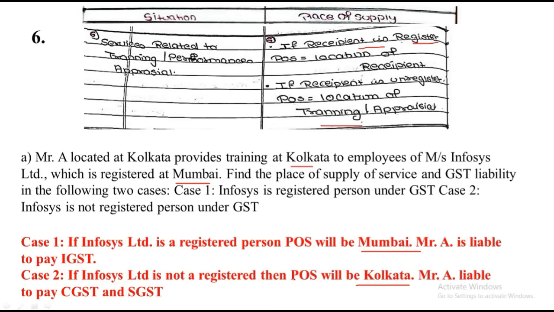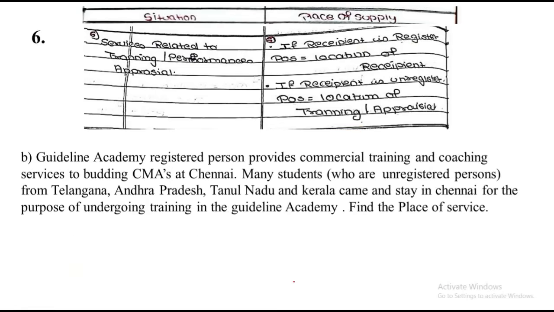I hope everyone has understood up to this point. We go ahead. We'll take our second example, again based on training. Guidance Academy, a registered person, provides commercial training and coaching services to budding CMAs at Chennai. Many students who are not registered, from Telangana, Andhra Pradesh, Tamil Nadu, and Kerala, came and stayed in Chennai for the purpose of undergoing the training in the Guidance Academy. Find the place of supply.